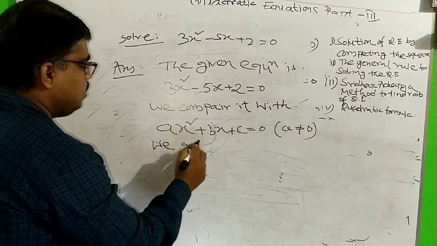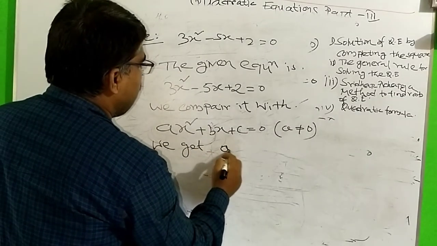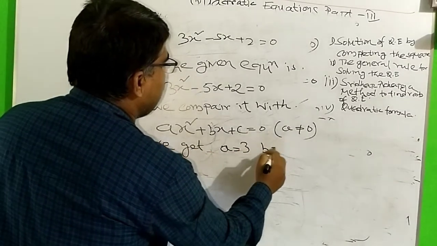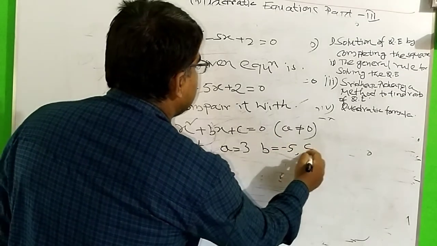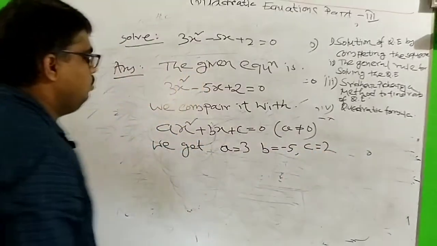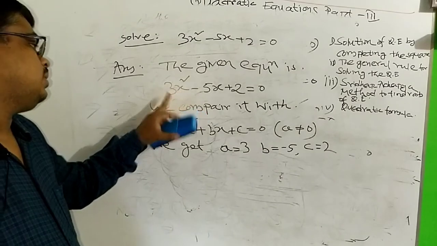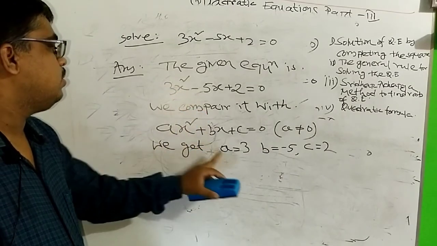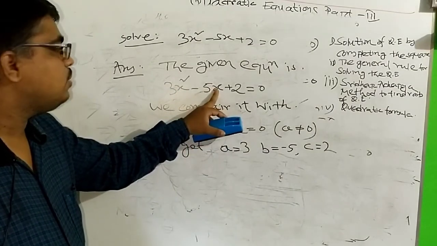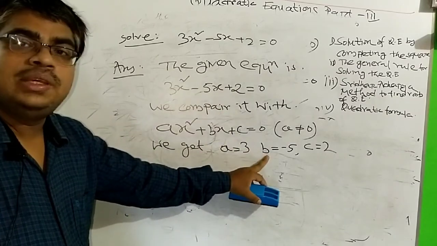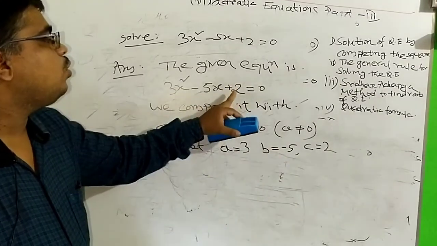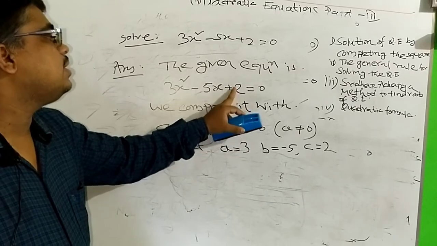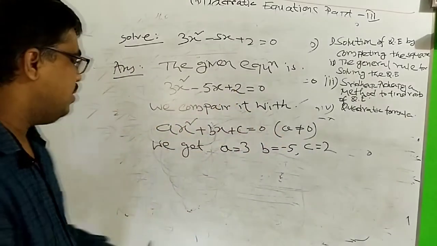We get a equal to 3, b equal to minus 5, c equal to 2. Here the coefficient of x square is 3, the coefficient of x, b, is minus 5, and the constant term c is plus 2.